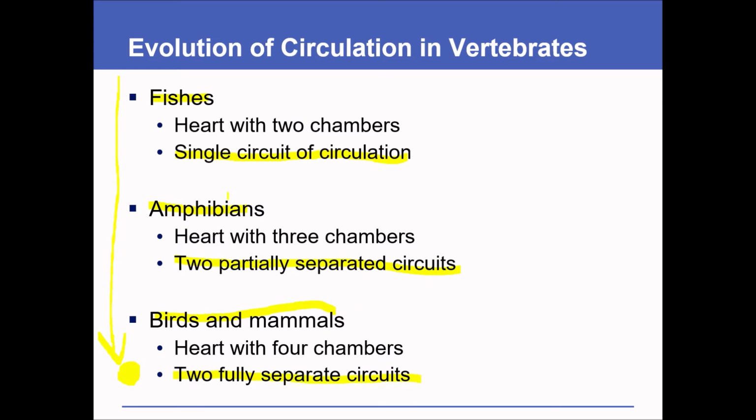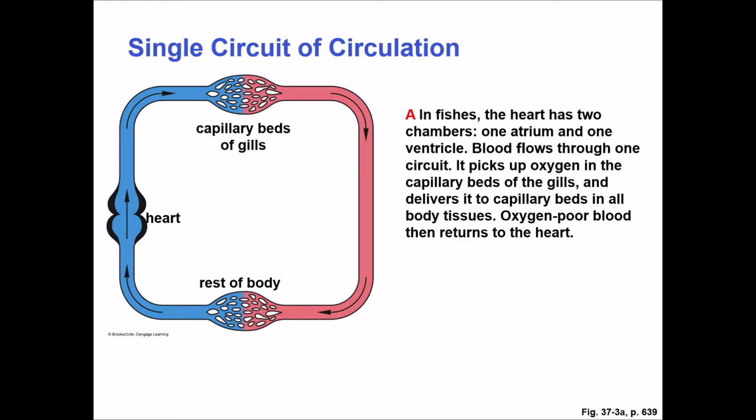As you can see, it is related to these words. The fishes have a heart with two chambers. The amphibians have three chambers, and the birds and mammals have four chambers. Let's recognize what that is. So the single circuit of circulation is basically a system where we see the heart, and the heart has two chambers.